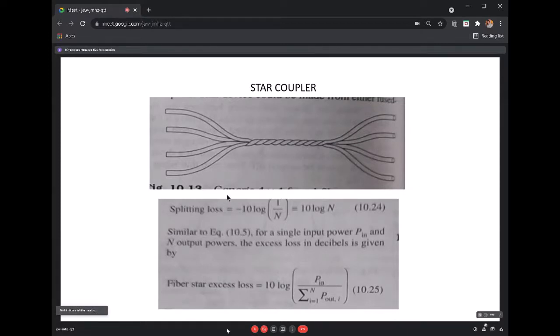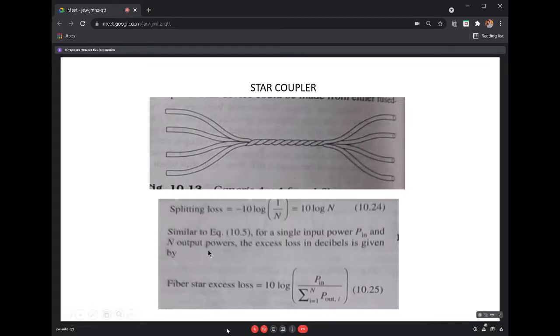In the 2 cross 2 fiber coupler also we had discussed how the loss will be considered. Here the splitting loss is given as minus 10 log 1 by n, where n is the number of output powers.